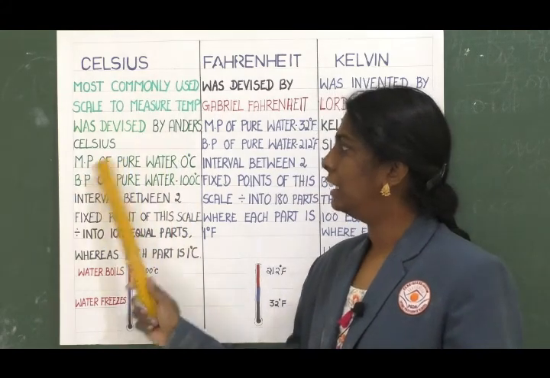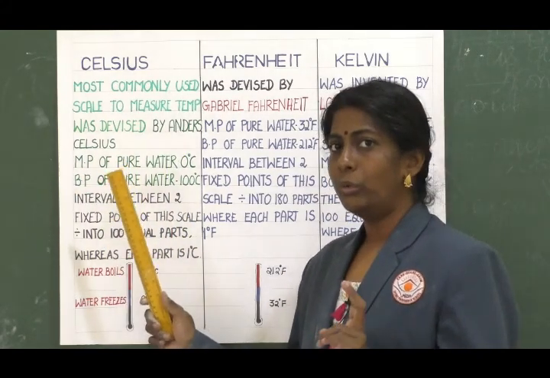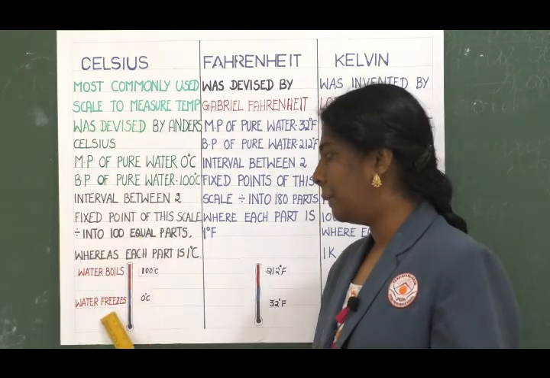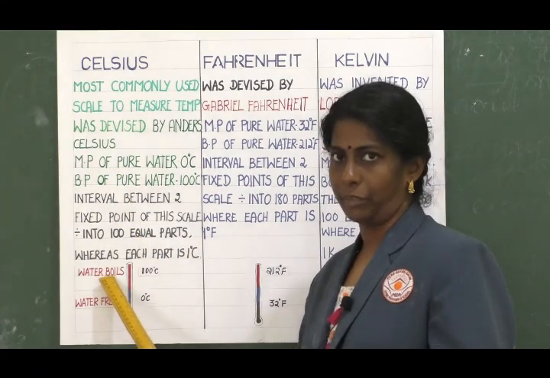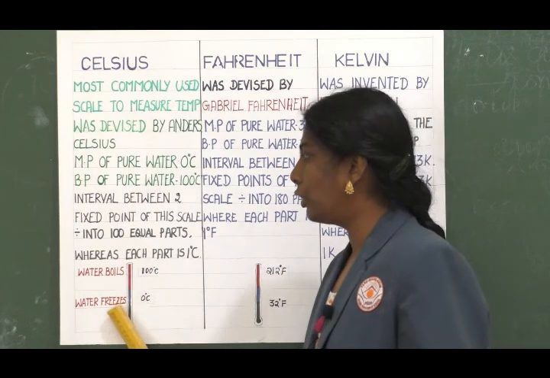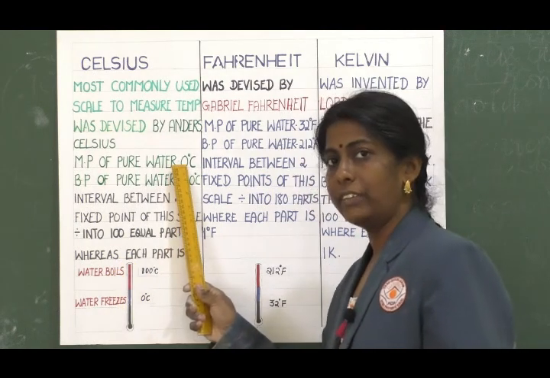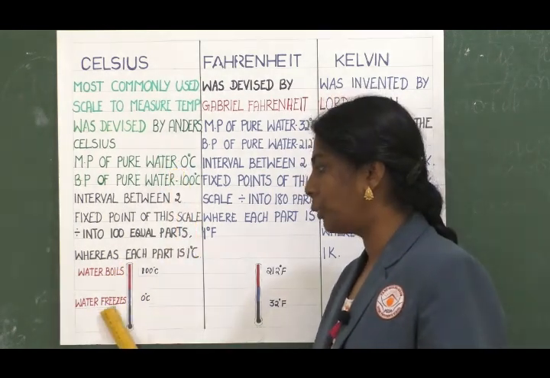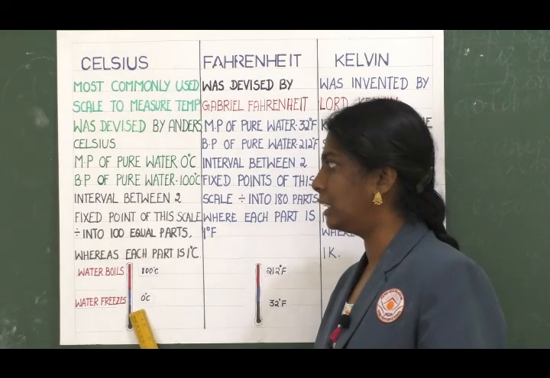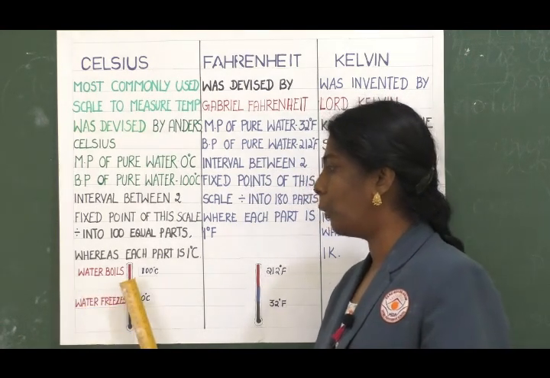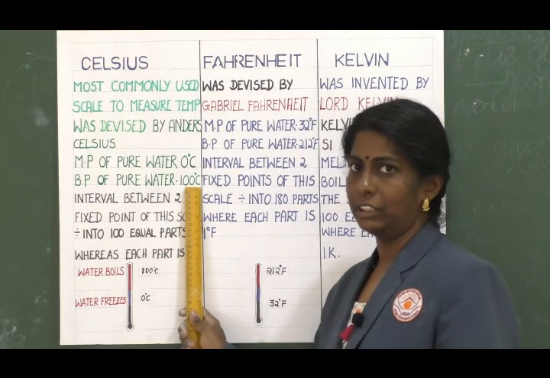And then, the melting point. As I said, there are 2 important points, that is melting point and boiling point. Clear? So, the melting point of pure water is 0 degree Celsius and the boiling point of pure water is 100 degree Celsius.